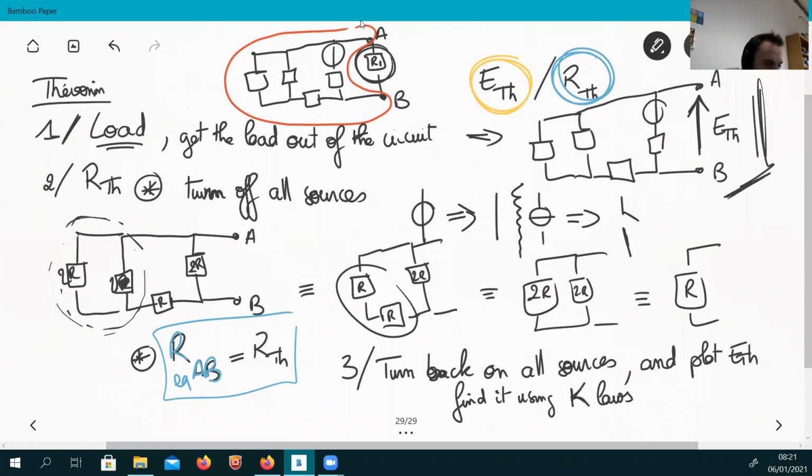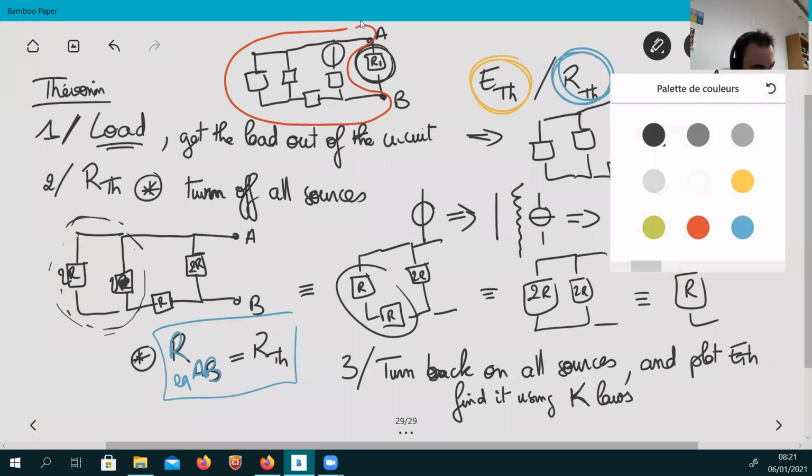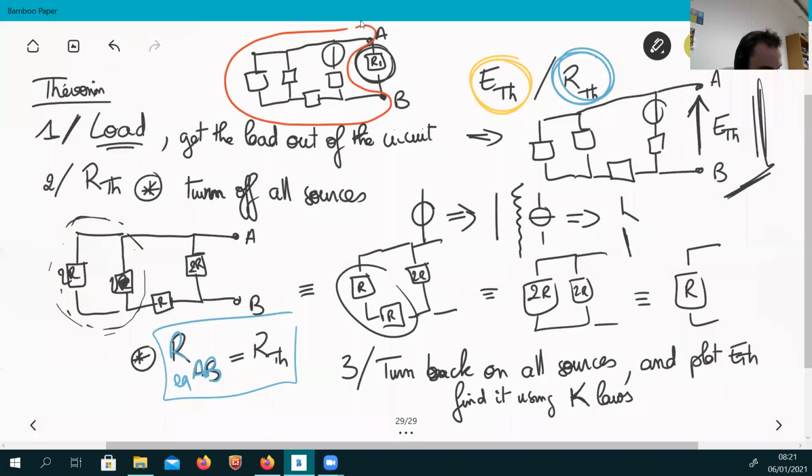One thing which is quite important and sometimes a source of mistakes is the direction you have to follow when you are looking for the ETH voltage. So let's say that you are looking for ETH in this direction.